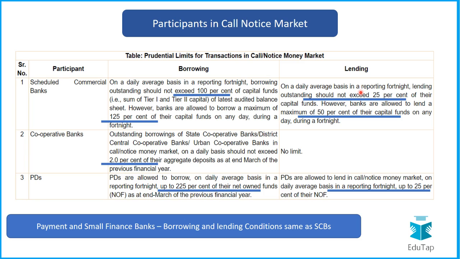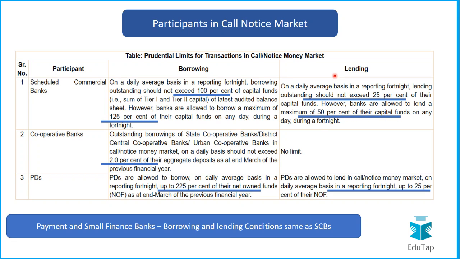And with respect to lending, if we calculate the lending again on a daily average basis for 15 days, their lending outstanding should not be more than 25% of their capital funds, and the maximum limit for a day is 50% of their capital funds, right?